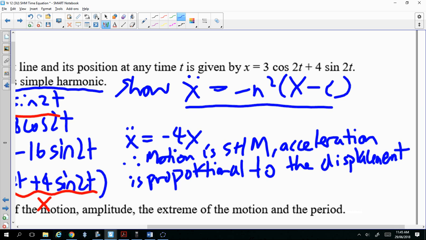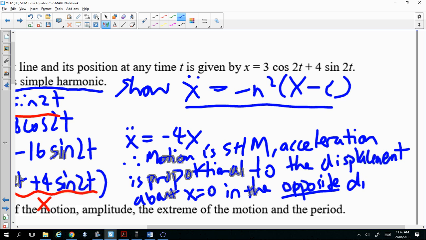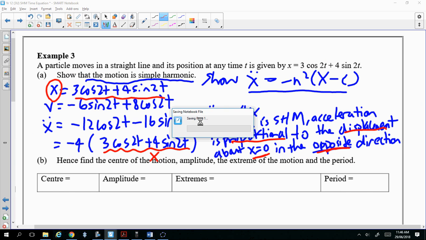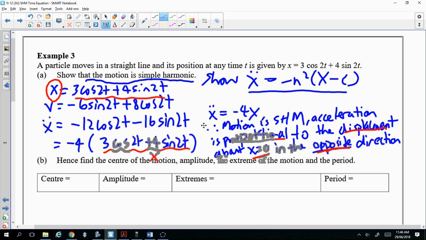It's very important you write it's proportional to the displacement about the center in the opposite direction. It must have an opposite, so it must have a negative. So they're going in opposite directions. If the displacement is positive, acceleration is negative. If the displacement is negative, the acceleration will be positive. So that's how we show motion is simple harmonic: by differentiating twice, writing in terms of x, and also writing a conclusion statement. Acceleration is proportional to the displacement about x equal to 0 in the opposite direction.